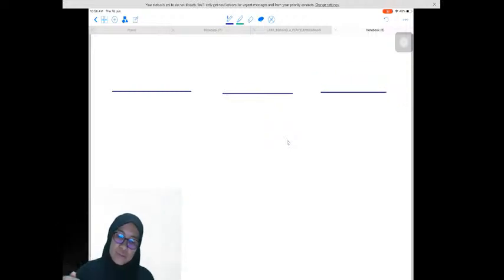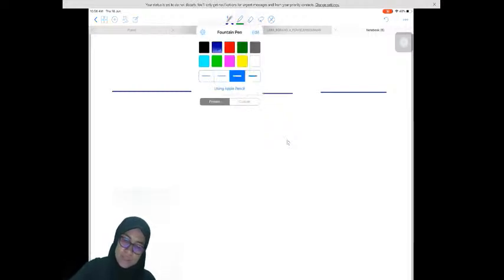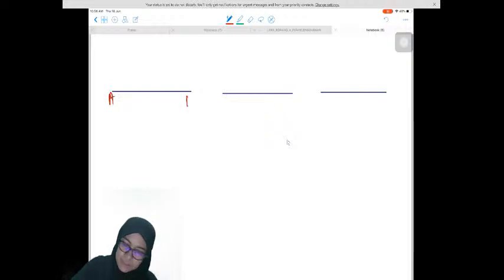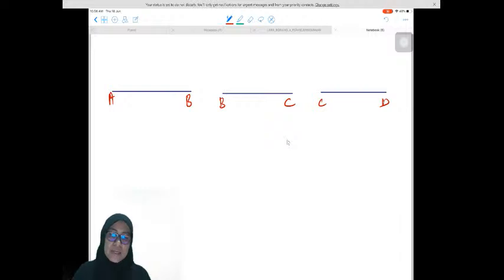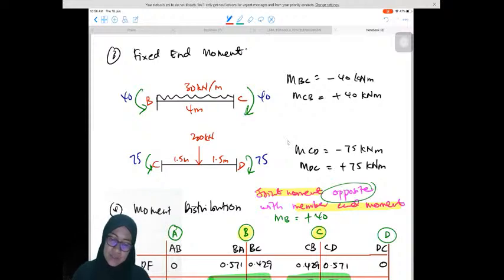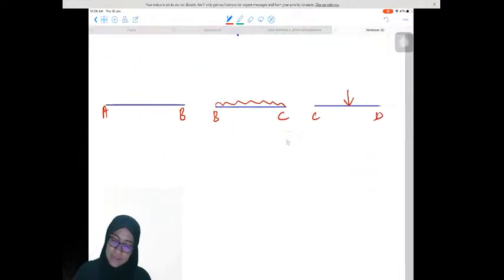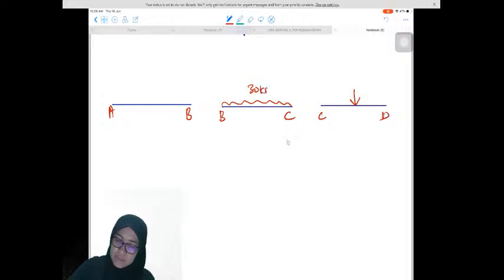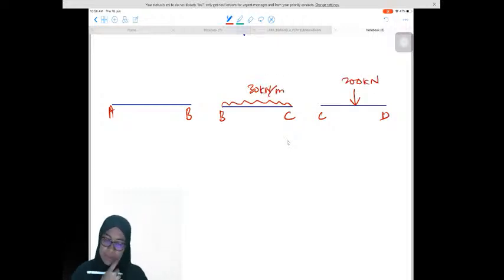We label the members first: A, B, C, and D. Remember that BC has a UDL and there is a point load at member CD. The values are 30 kilonewton per meter and 200 kilonewton.